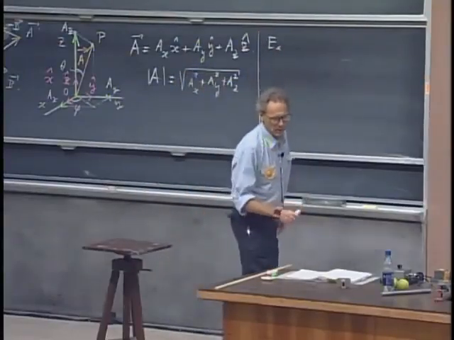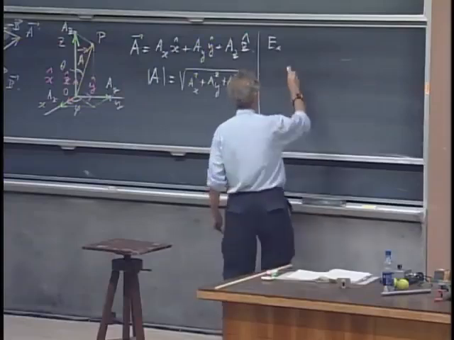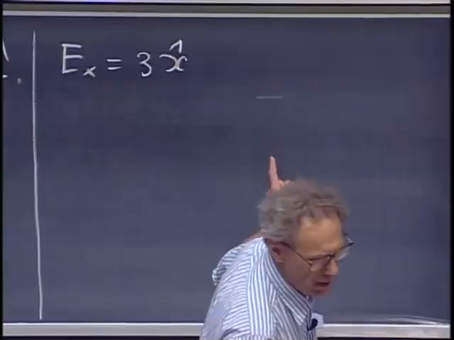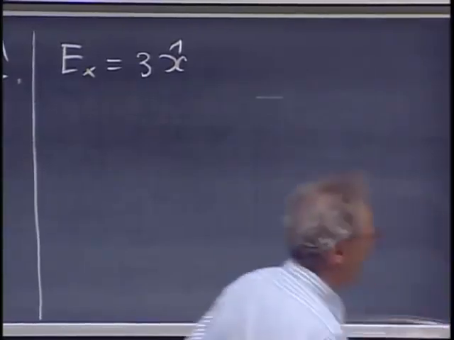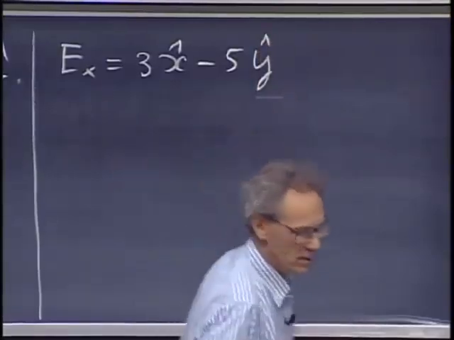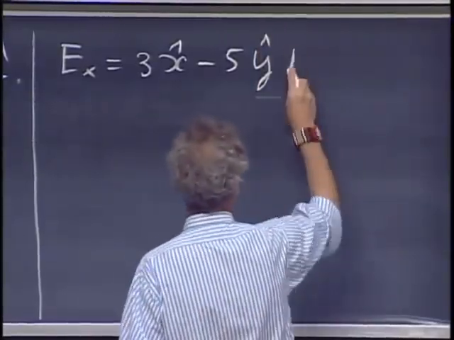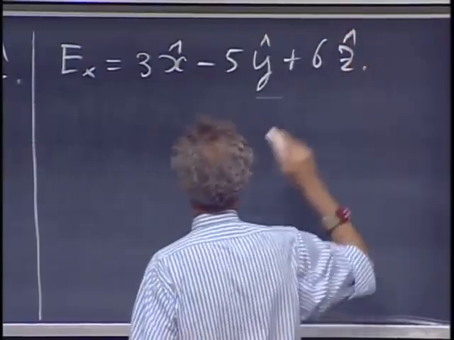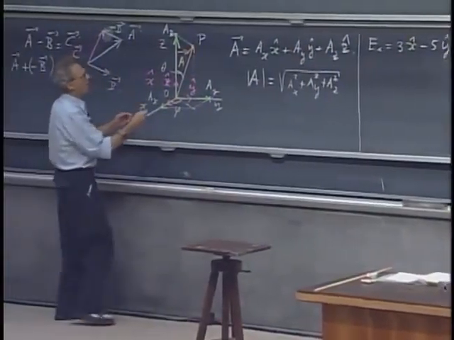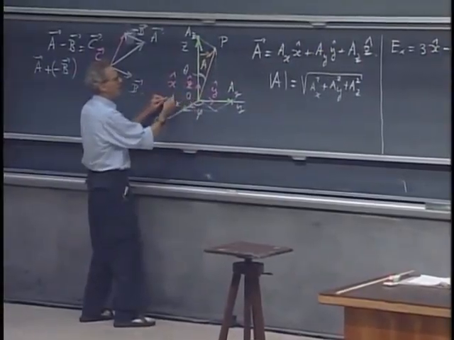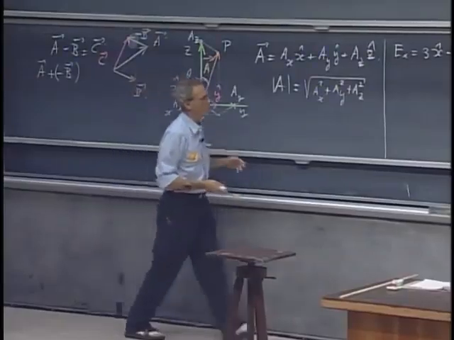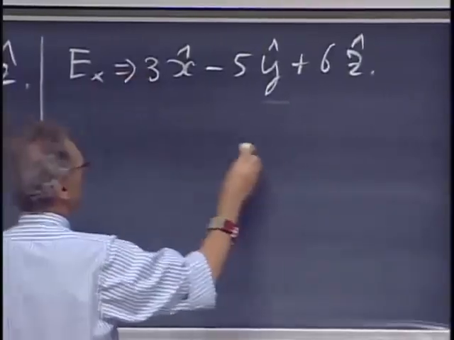And we call A 3x roof, so A of x is 3, minus 5y roof, plus 6z roof. So that means that it's 3 units in this direction. It is 5 units in this direction, in the minus y direction, and 6 in the plus z direction. That makes up a vector, and I call that vector A.